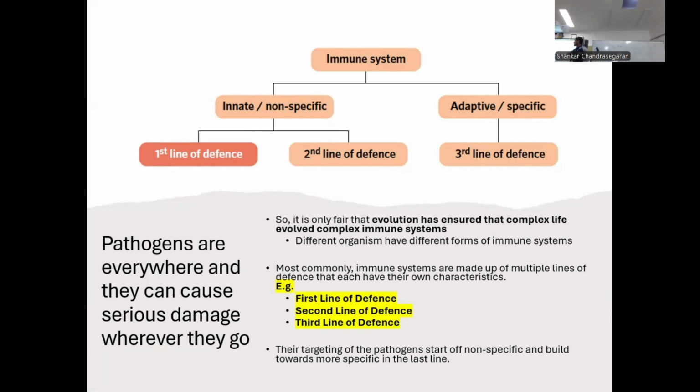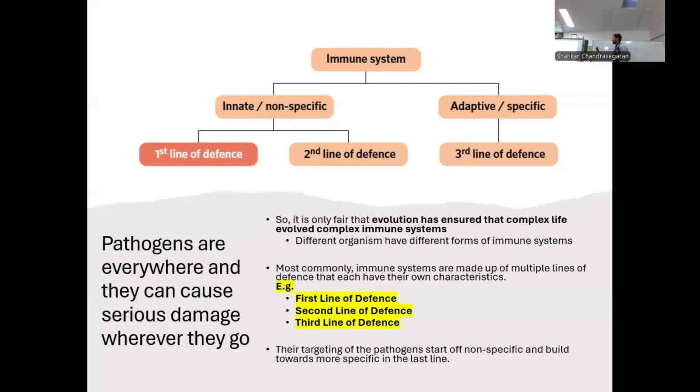If they manage to get across the first line of defense, then the second line of defense will try to hold them back. But if the pathogens are so strong, their foothold is so strong that they can even go past the second line of defense, then the immune system becomes more adaptive towards that pathogen.